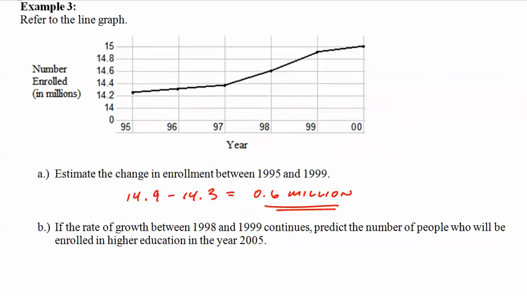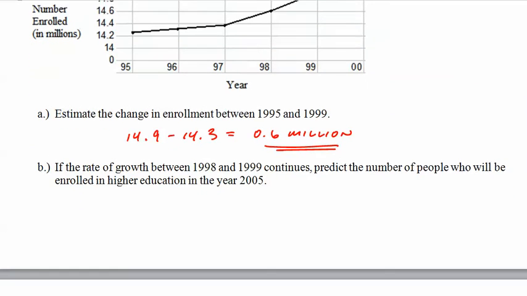If the rate of growth between 1998 and 99 continues, how many in the year 2005? 98 to 99. Well, that's a bad question because we can already see 99 to 2000. That didn't happen, but fine. I'm going to do this with the table.